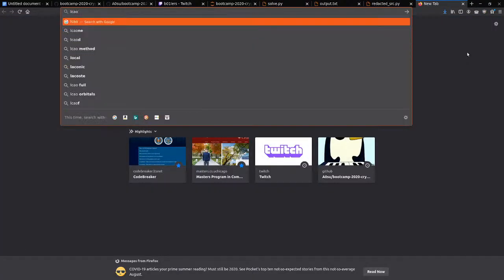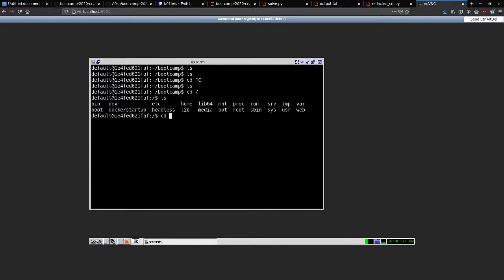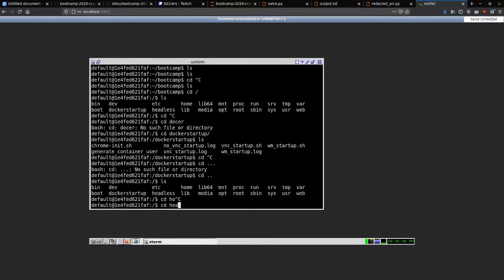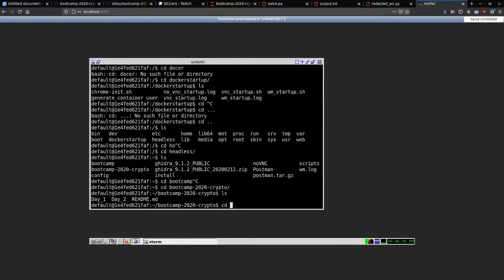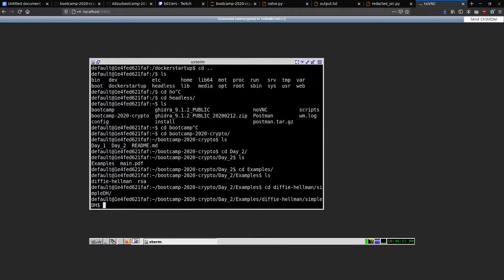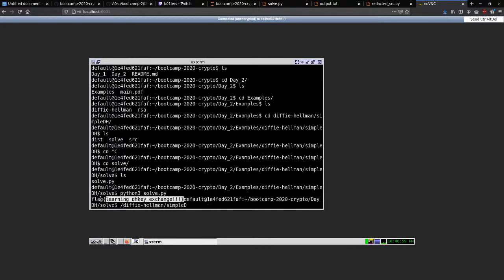So I'll have to use the other one as well then. So upon running that, we can redetermine the flag.